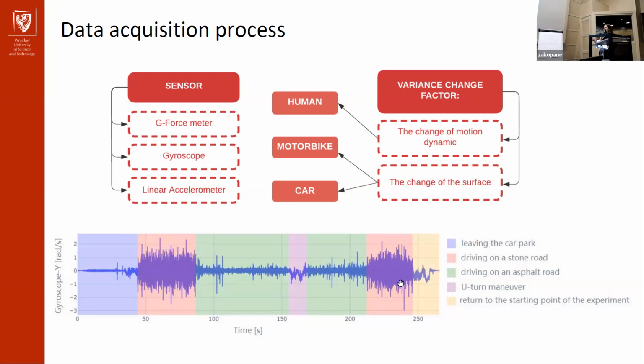Next, as we can see, the variance is lower because the driver starts to drive on the asphalt road, and next he returns to the parking. The situation is the same: he should come back and drive on the asphalt road, next drive on the stone road, and next return to the starting point.